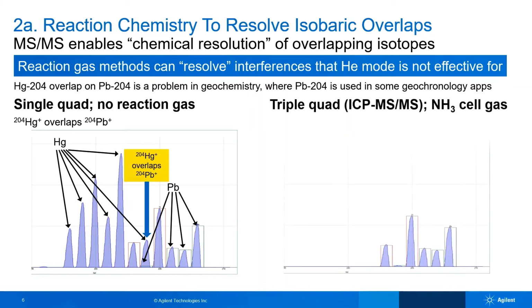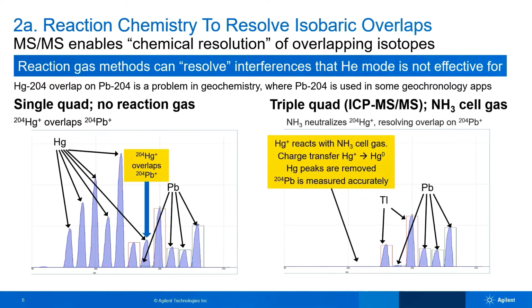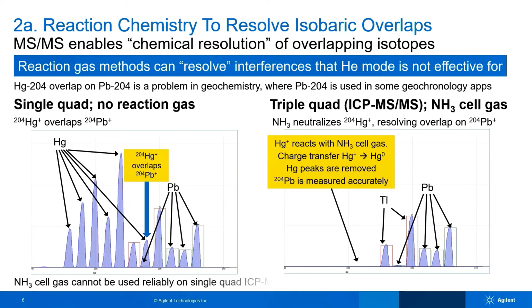If we do the analysis using ICP Triple Quad with ammonia cell gas, we can react the mercury with the ammonia cell gas, neutralize the mercury, remove it from the mass spectrum, and therefore measure the lead, including the minor 204 isotope, accurately and free from interference. We can't use that same cell gas approach reliably on single quadrupole ICP-MS because ammonia is so reactive.